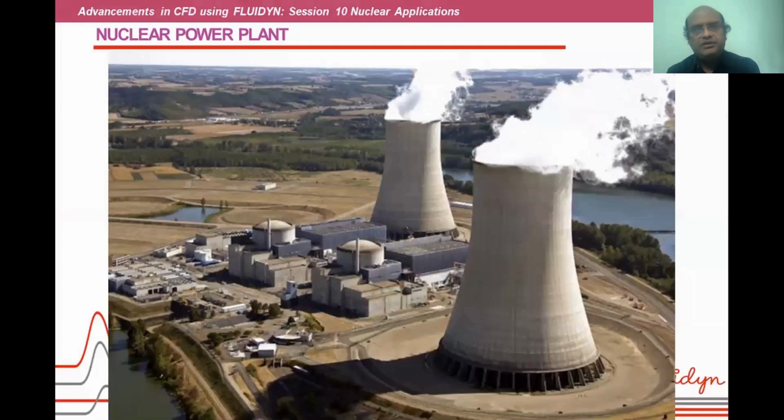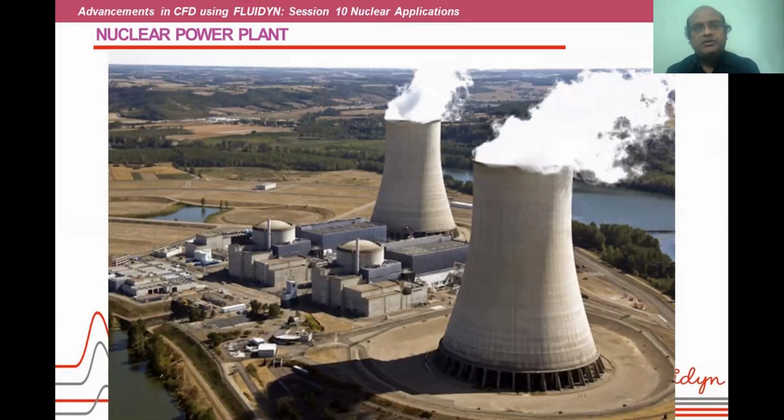A nuclear power plant from outside looks like this. It has a prominent feature that is visible in many nuclear plants, not everywhere, which is a cooling tower. Then there is a reactor building, which normally has a hemispherical dome.